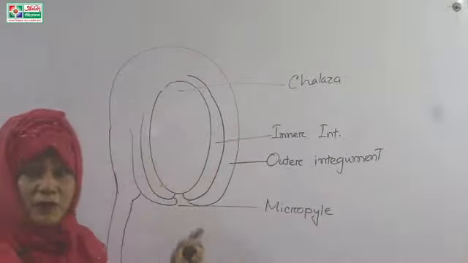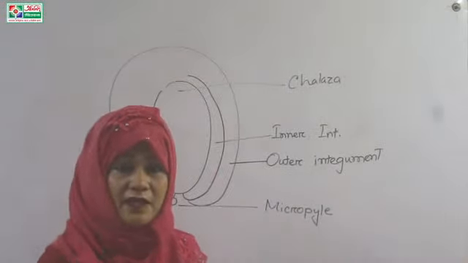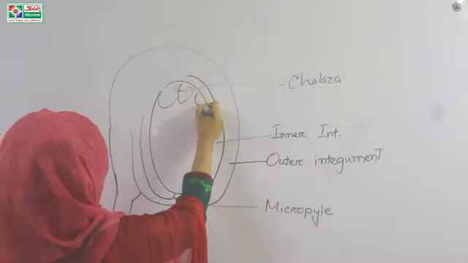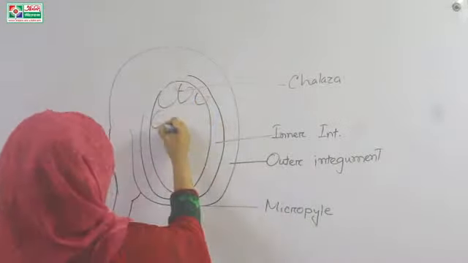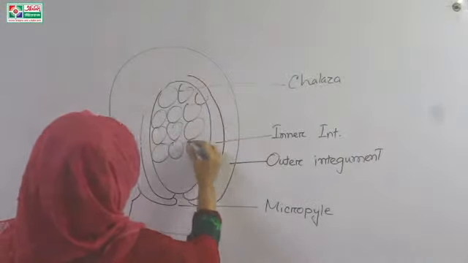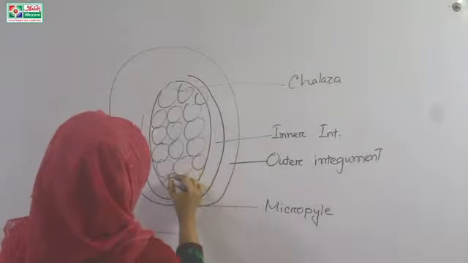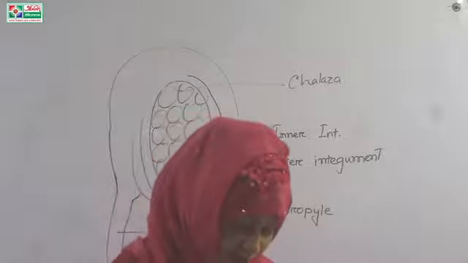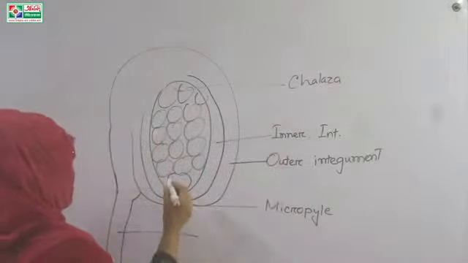And the central portion is known as the nucellar cells. There are numerous nucellar cells. This is the stalk, the funicle. And today we will focus on the lower nucellar cells.